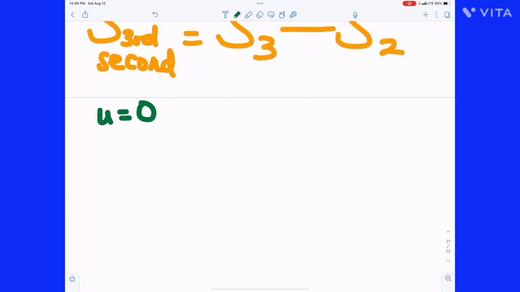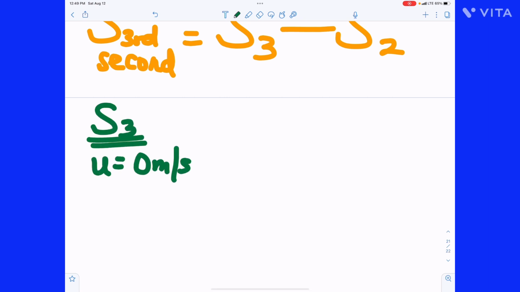Initial velocity is 0 meters per second. Time taken is 3 seconds. You understand? To find S3, remember, initial velocity is 0 meters per second. Time will be 3 seconds. S3 is the distance traveled in 3 seconds.